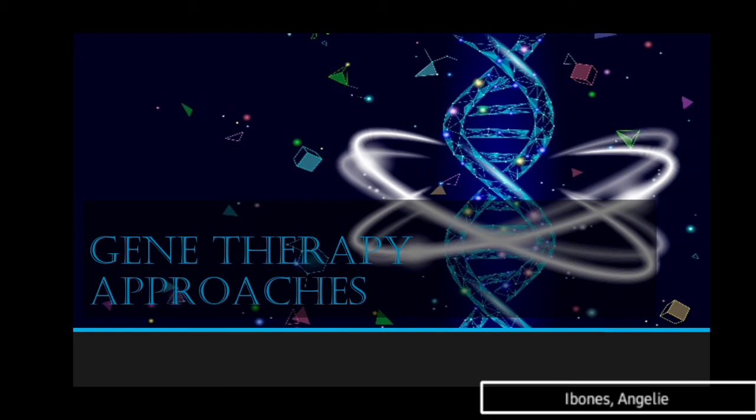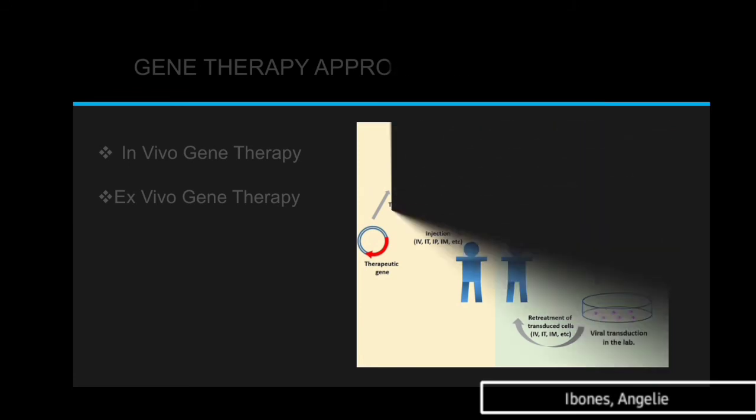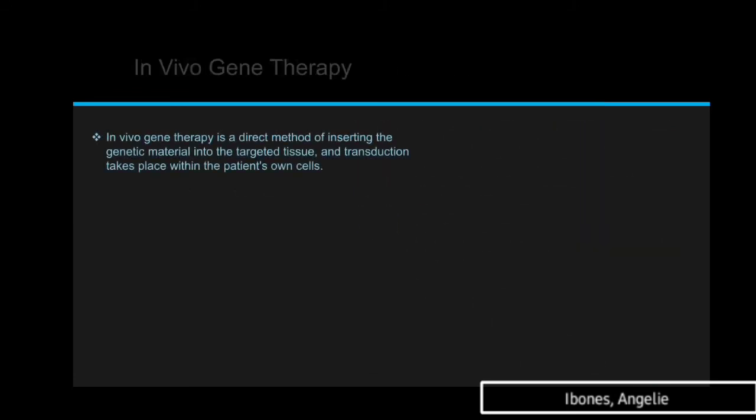So the researchers are testing approaches to gene therapy, which are the in vivo gene therapy and the ex vivo gene therapy. The in vivo gene therapy is a direct method of inserting the gene material into the targeted tissues, and transduction takes place within the patient's own cells.